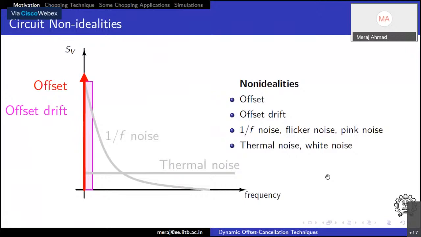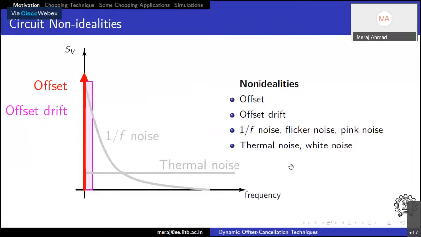And the two noises which are common in CMOS are 1/f noise, also called flicker noise or pink noise, because the noise spectrum depends on the frequency, and thermal noise or white noise, as it's flat in frequency. So these are the four things which limit our precision in designing circuits.